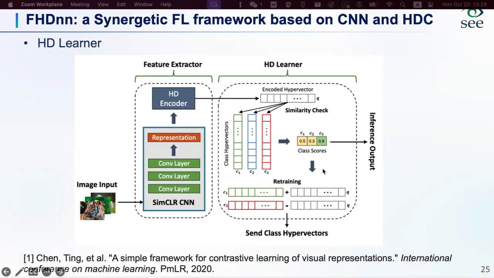The goal of this configuration is to avoid the transmission of the CNN and instead train only the HD learner. An HD model is formed by bundling, or encoding, hyperdimensional vectors with the same class label together. The framework only performs element-wise addition on the hyperdimensional vectors to carry out the bundling. So the HD model is simply a set of hyperdimensional vectors, with the number equal to the number of classes in the dataset.